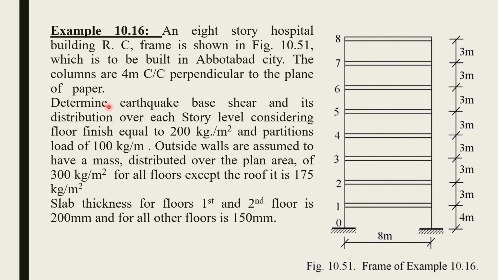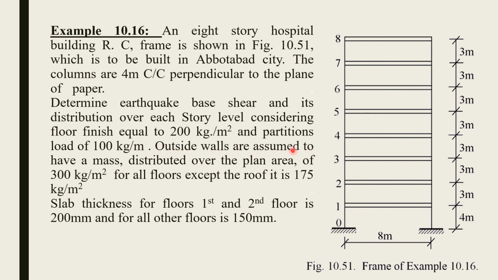Determine the earthquake base shear and its distribution over each story. First of all we will calculate the total base shear, then we will distribute it into each story. For that the data is given. Floor finish is 200 kg per meter square, and partition load is 100 kg per meter square.